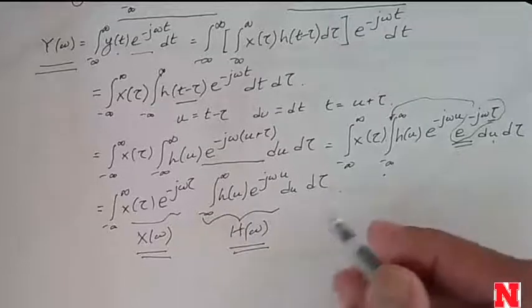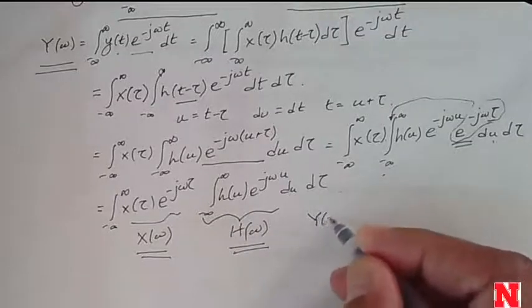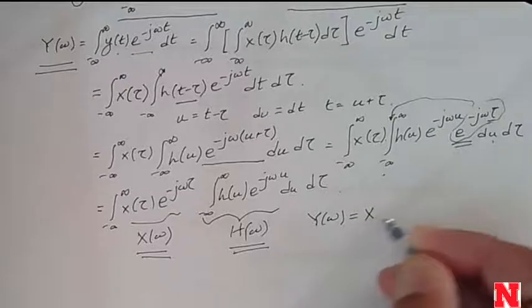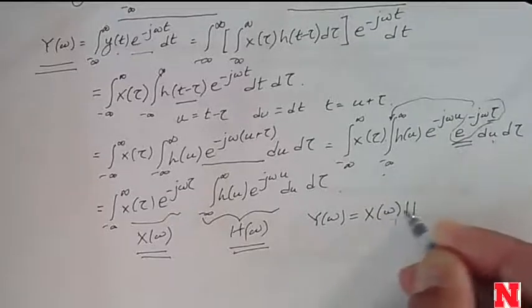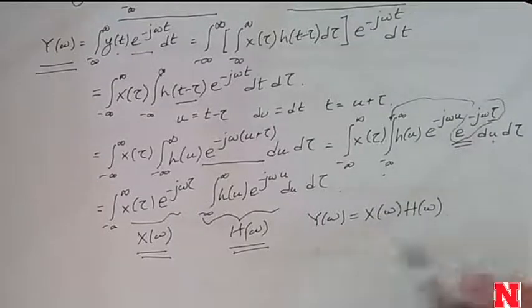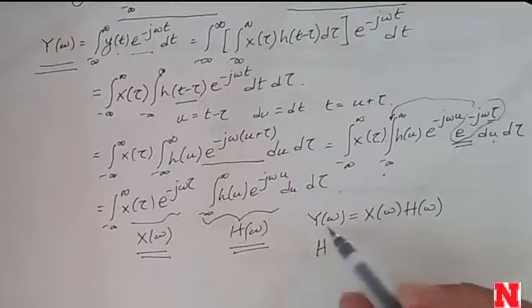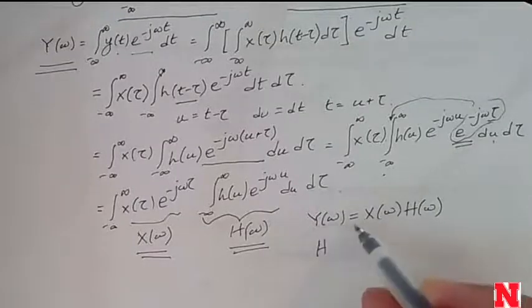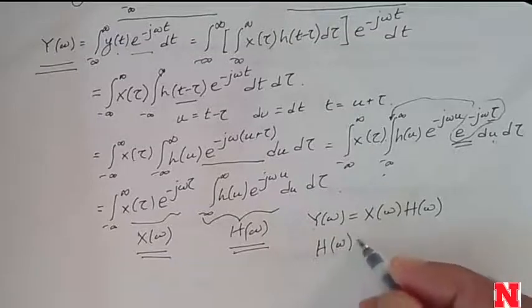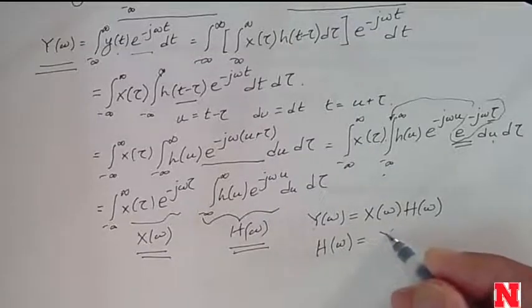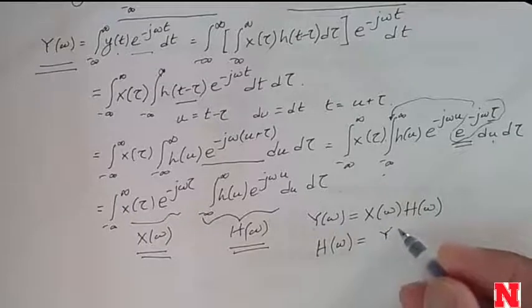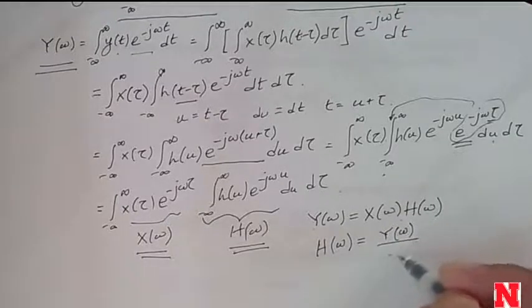So given that Y of omega is equal to X of omega times H of omega, if I know what the desired Y of omega is and X of omega is, then I can find the filter transfer function by just dividing both sides by X of omega. And so I'll get the output over the input.